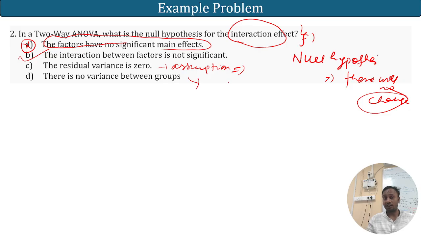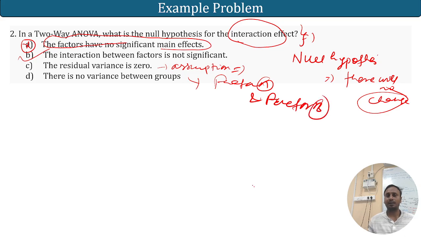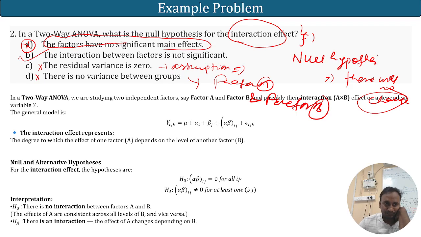We have to do the testing for that, and afterwards we will come to know, because the groups will be factor A and factor B. I think it's clear, so B is the correct answer. So the interaction hypothesis will be the same.